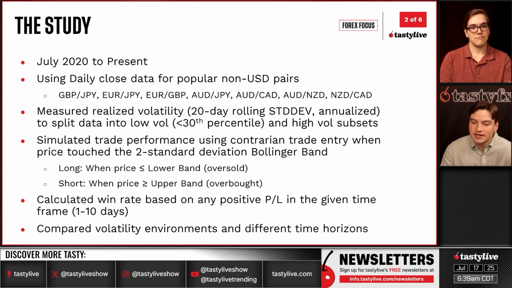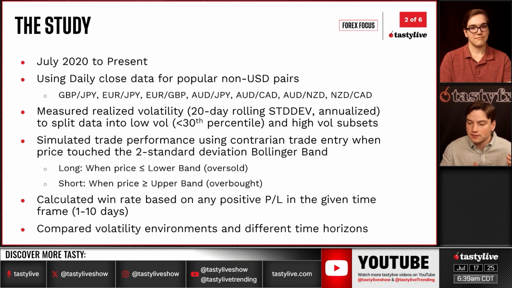And what we did is we used Bollinger Bands to simulate trade performance. So trade entry criteria would be when the closing price touched the 2 standard deviation Bollinger Band, then we entered a contrarian trade. So when the price was less than the lower band, that triggered a buy and going long.